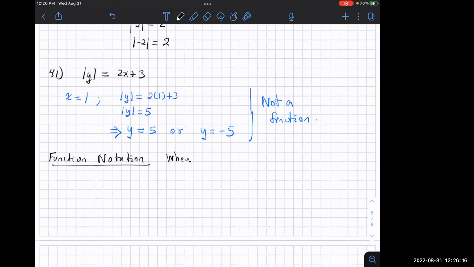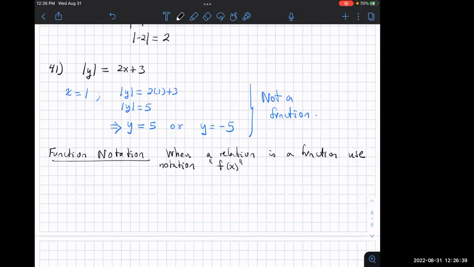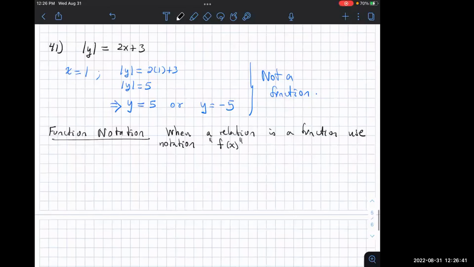When a relation is a function, we use the notation f(x). Okay, so this is a package. They go together, they don't separate. When the relation is a function, use this notation for y.